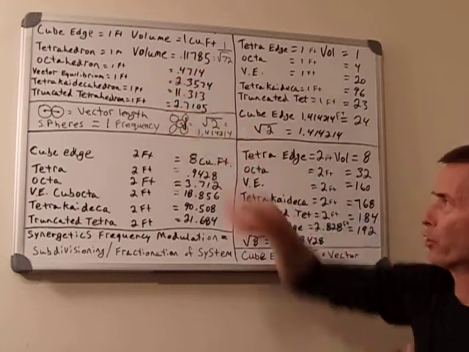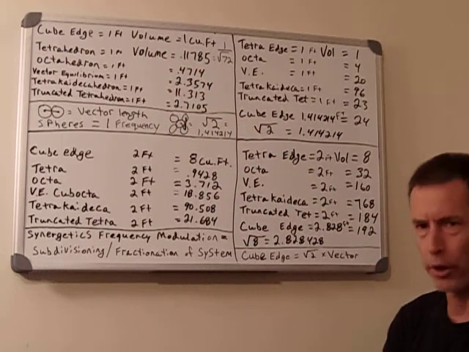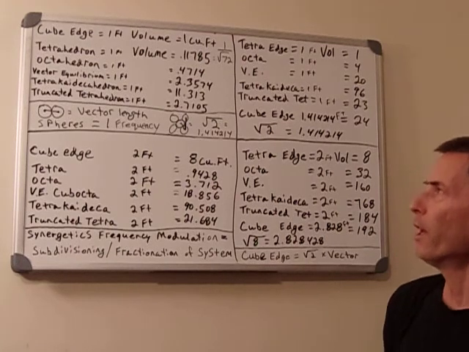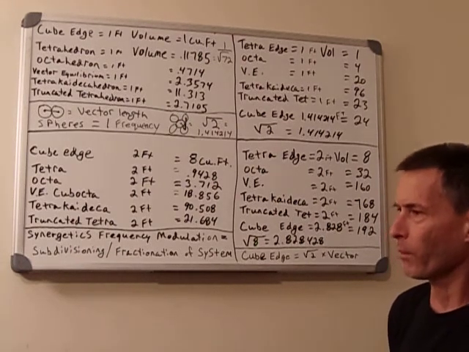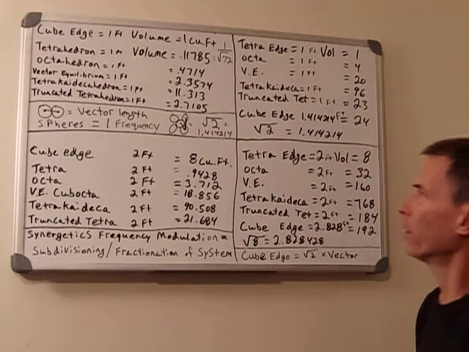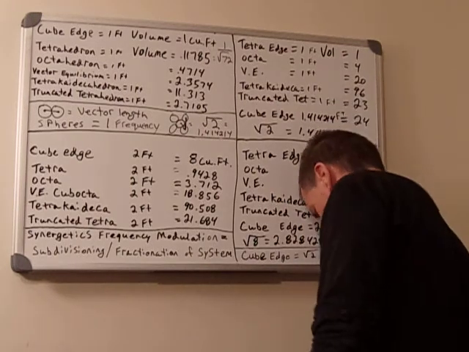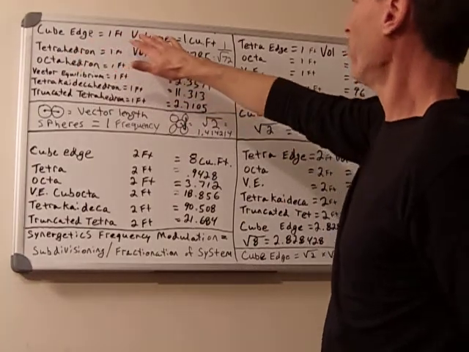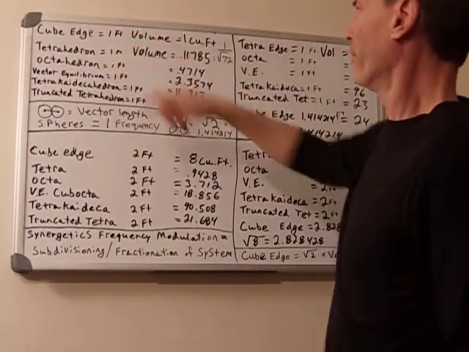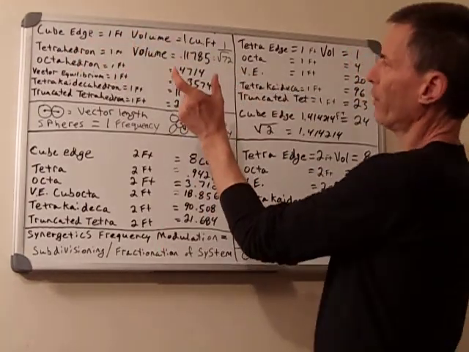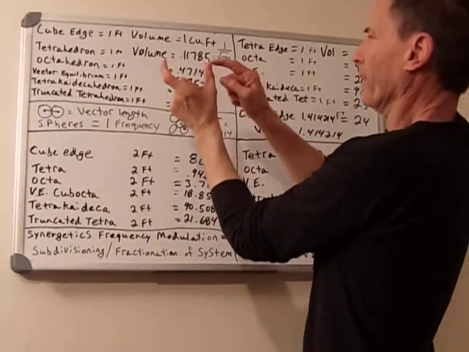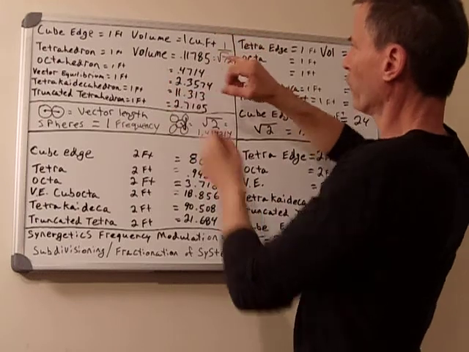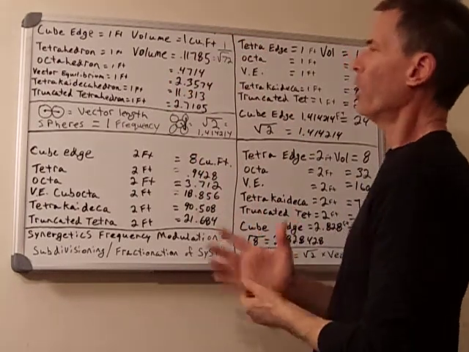For instance, we'll notice up here I just have a small chart which is explaining, for instance, when mathematics is ratioing the volume of these various polyhedrons, it's taking the edge lengths of the cube, and it's saying, for instance, the cube's edge, 1 foot, measured by its width 1 foot and its height by 1 foot, gives us 1 cubic foot of volume.